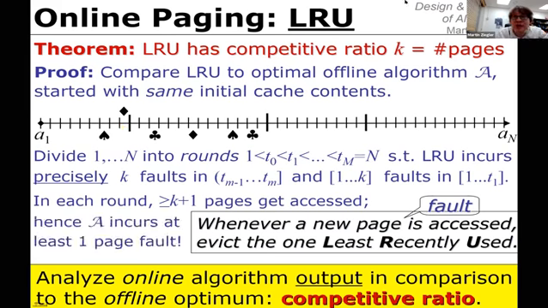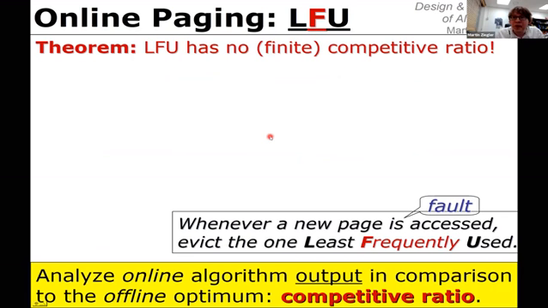So this is our recap from the last lecture, and we've also analyzed the least frequently used strategy, where the decision which page to evict is not based on the timestamp when it was used, but on a counter of how often it was used.